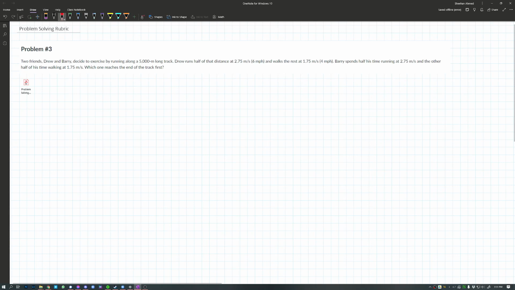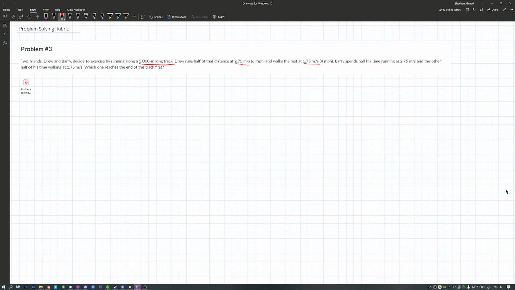So let's focus on a few of the important things over here. Both of them are running the same track, 5,000 meters long, 5 kilometers, except Drew splits up as two different speeds. Both of them run faster in the beginning and slower at the end, and it's the same speeds, 2.75 meters per second and 1.75 meters per second.